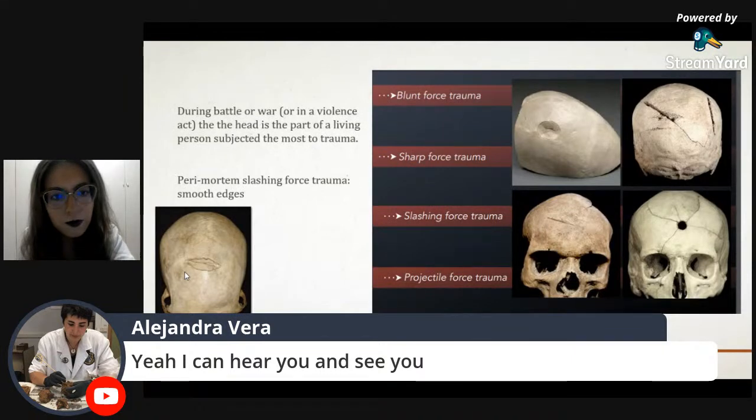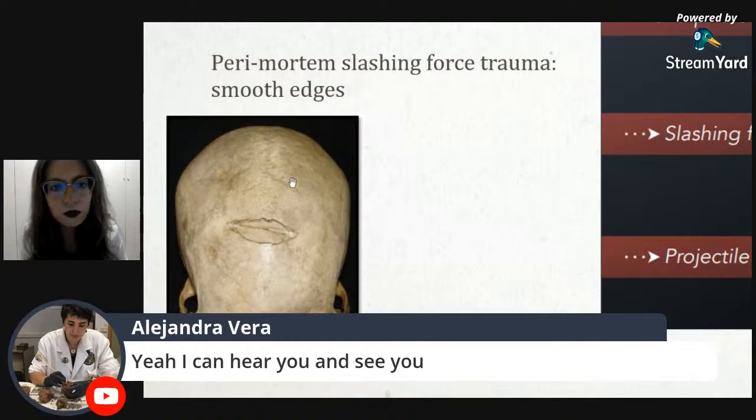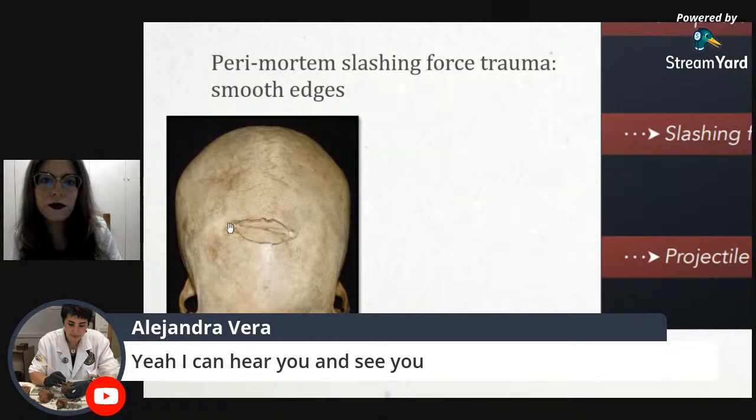I'll zoom in: partial closure. As you can see, it's not completely healed, and the edges, the rim of the trauma, are smooth.